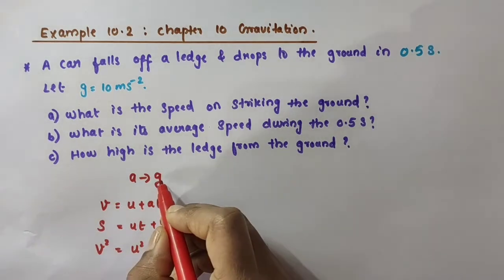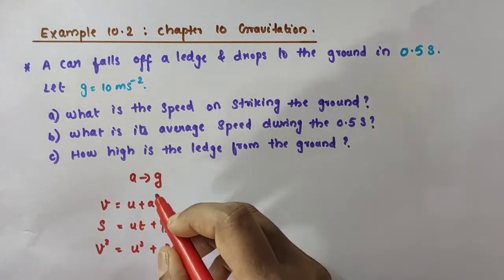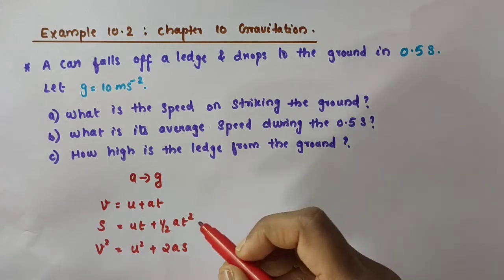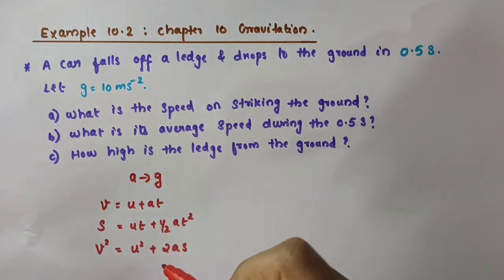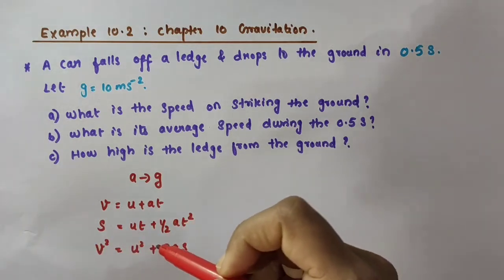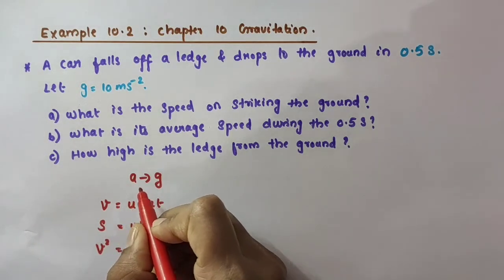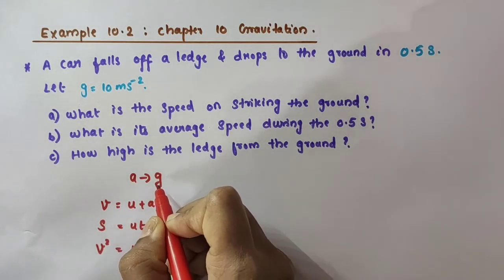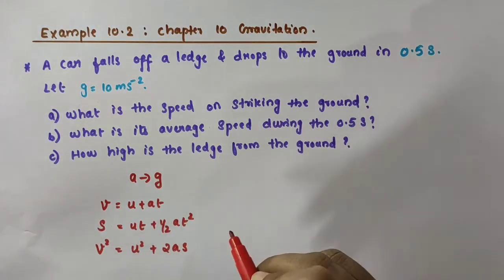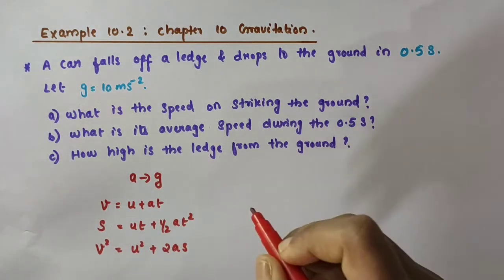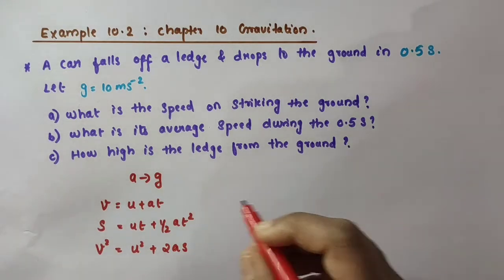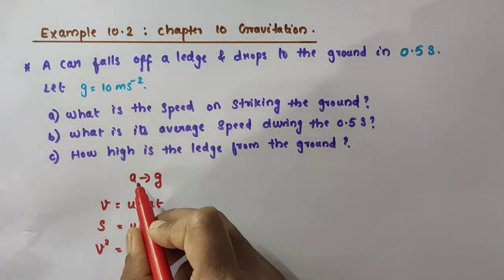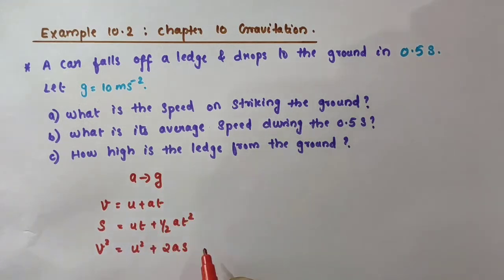As g, acceleration due to gravity, is constant near the earth, all the equations for the uniformly accelerated motion of objects become valid, with acceleration a replaced by acceleration due to gravity g. That is, for the motion of objects under the influence of the gravitational force of the earth, we can consider these three equations by replacing a by g.